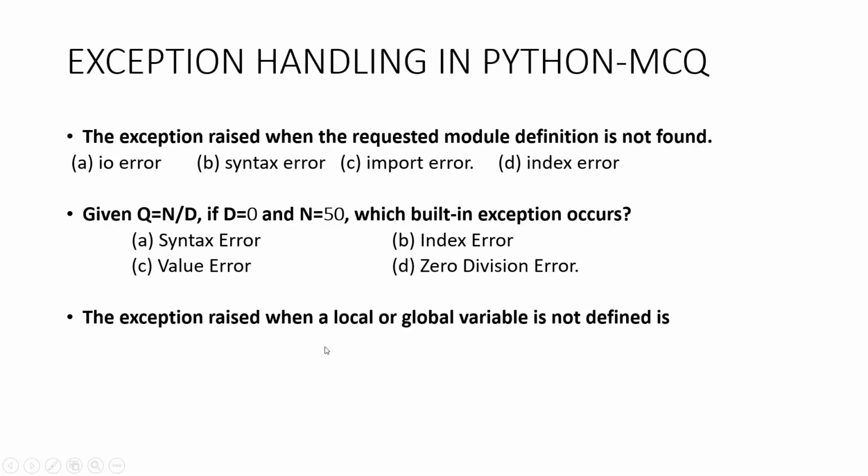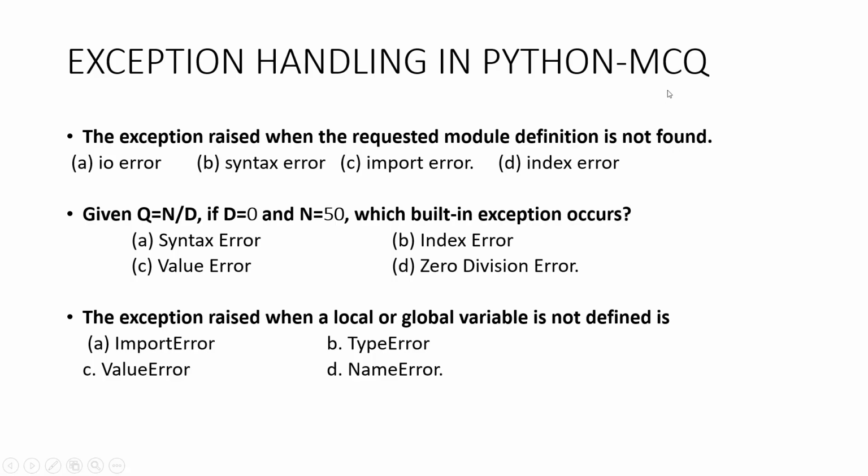The exception raised when a local or global variable is not defined: the options are import error, type error, value error, and name error. The answer is name error. So, dear students, how do we decide the answer under the MCQ category?